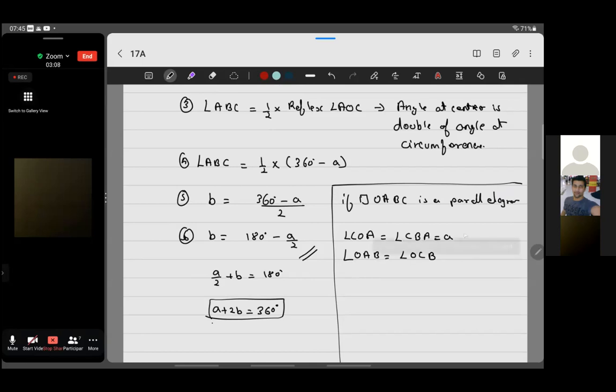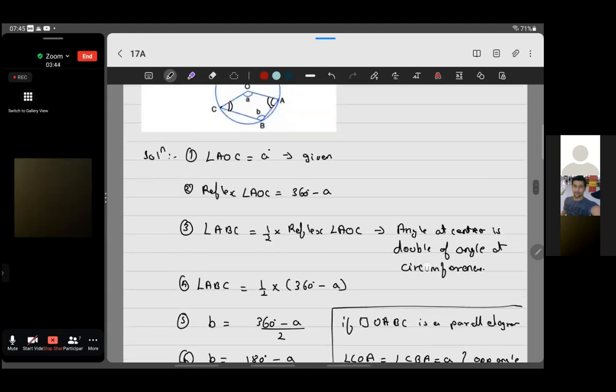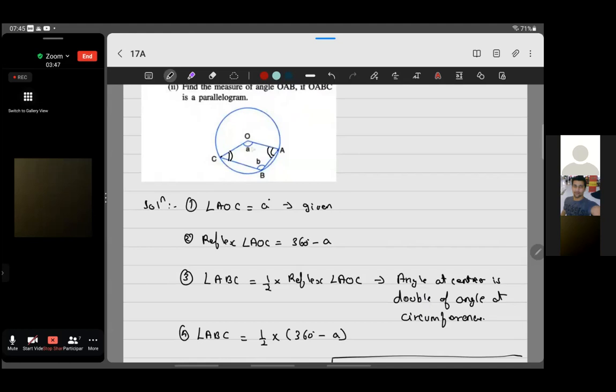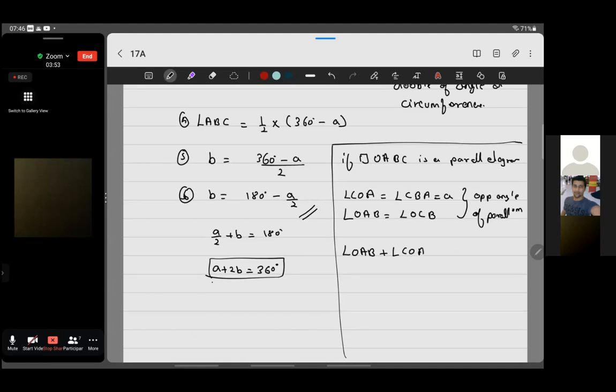Okay, we don't know the measurement. Opposite angles of parallelogram, therefore angle OAB plus angle OCA or COA equal to 180 degree.